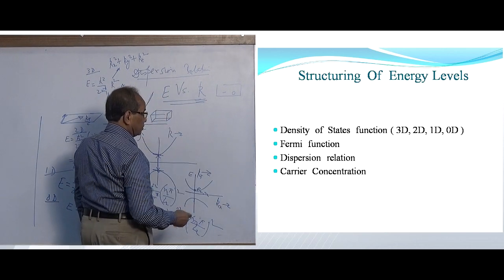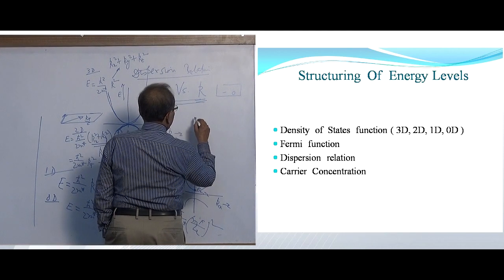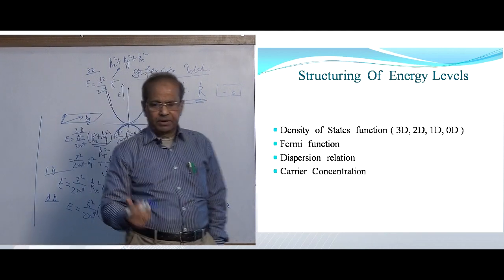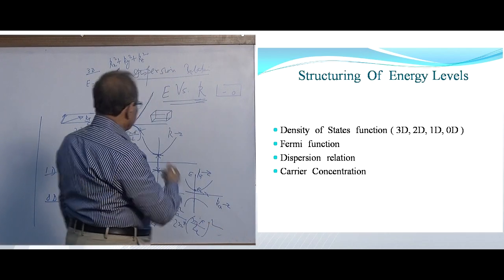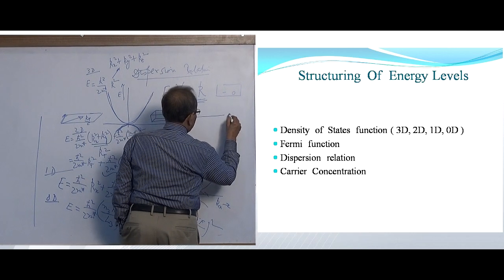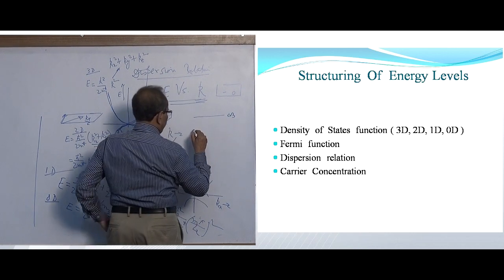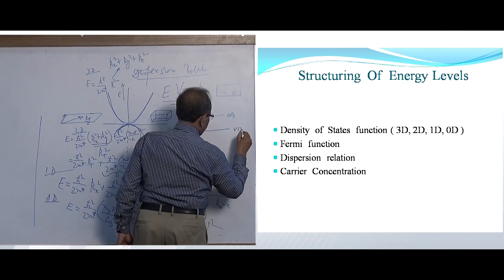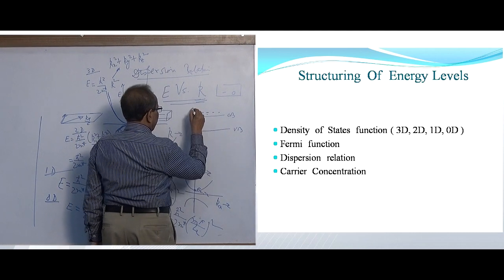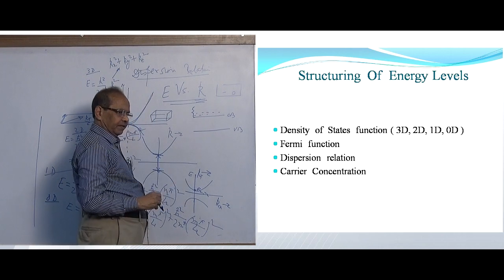And finally we shall pass over to the carrier concentration. Suppose I am taking a semiconductor, then the carriers are in the conduction band. Suppose this is the conduction band and this is the valence band, and electrons are here. How many electrons are there in the conduction band?